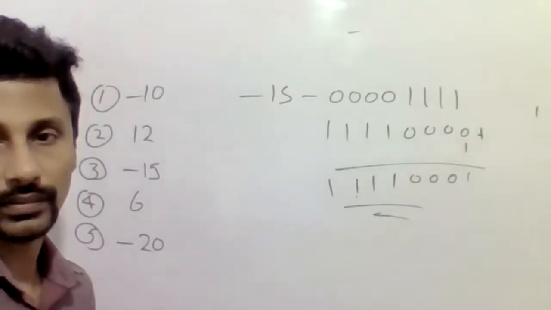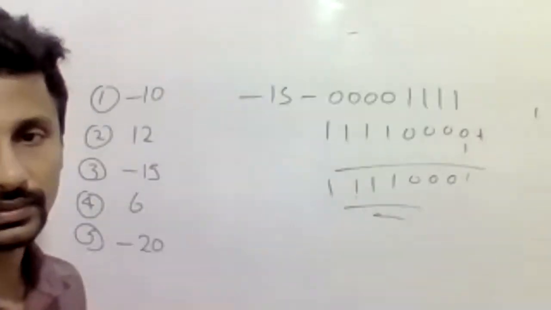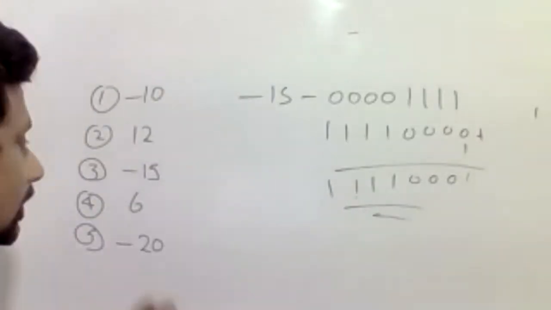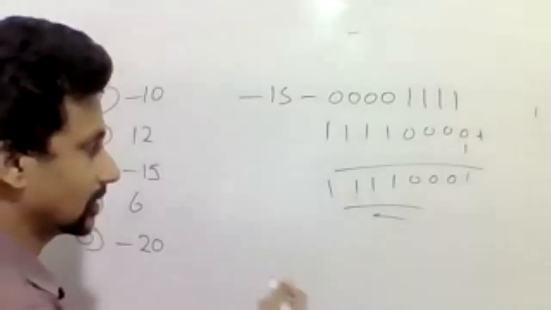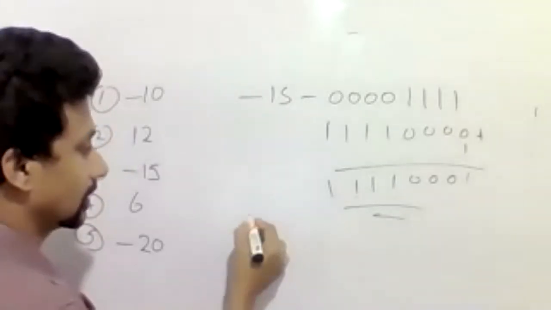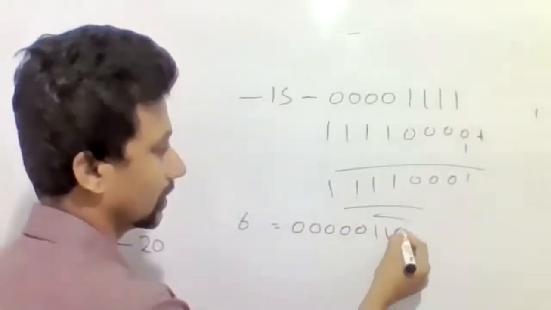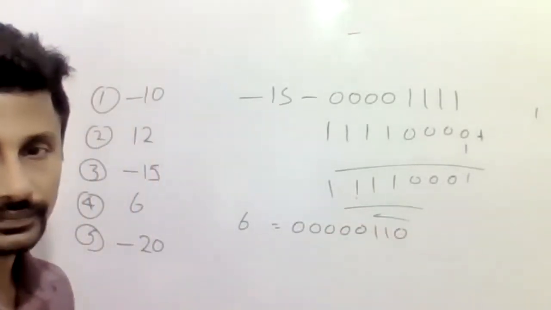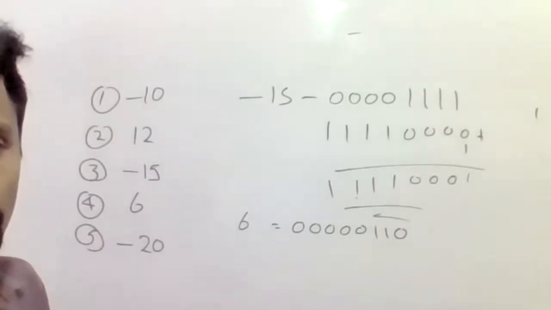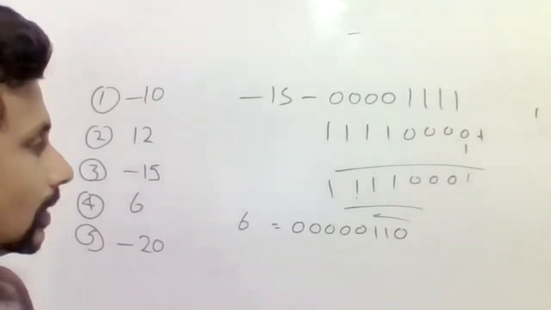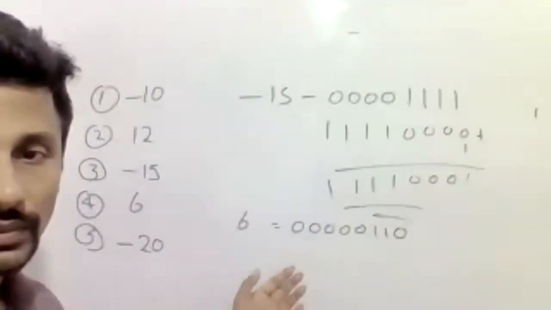I think most of you have put the correct answers. Then positive 6, I will write here. So no need to invert the bits. 0, 0, 0, 0, 0, 1, 1, 0. So very easy. That is positive 6.